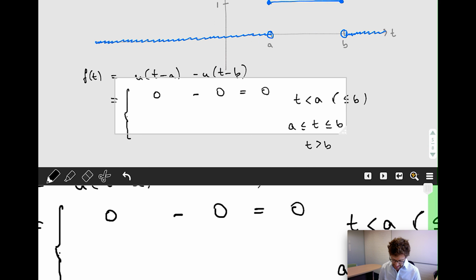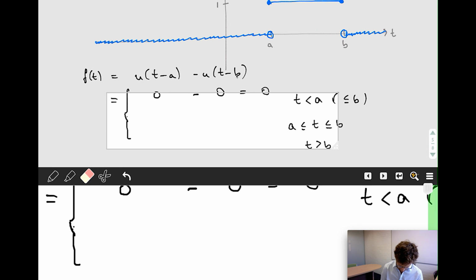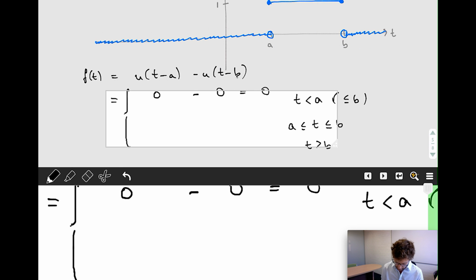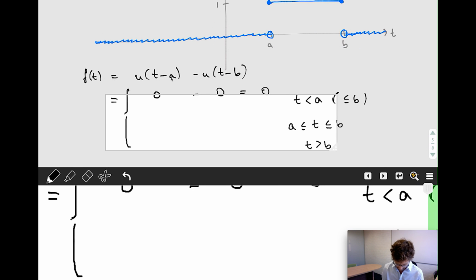Now between a and b, t is bigger than a. So this Heaviside here will actually be positive, it'll be 1. But t is smaller than b, so this Heaviside will still be 0.